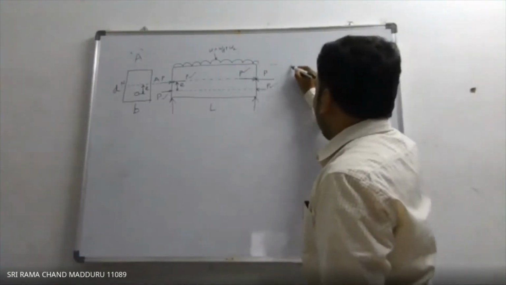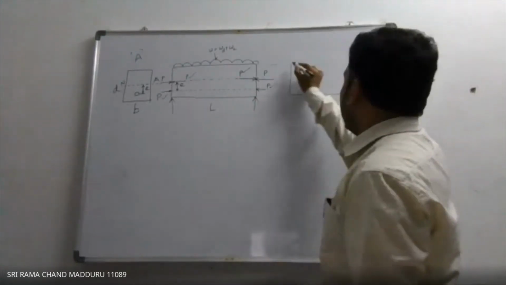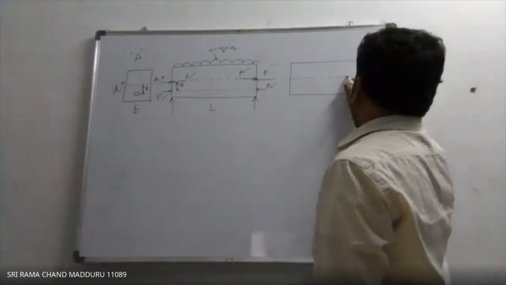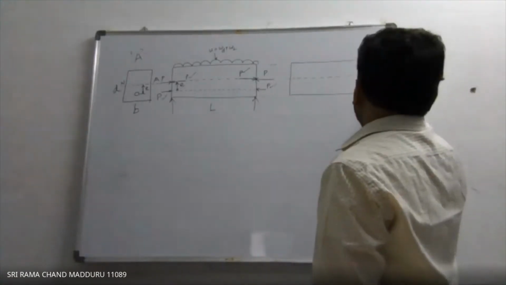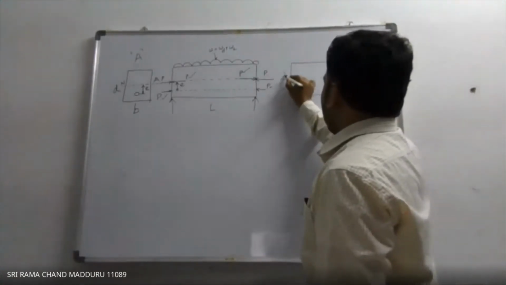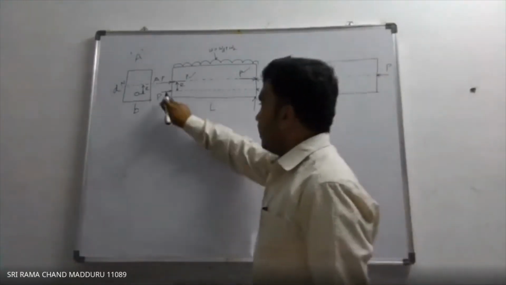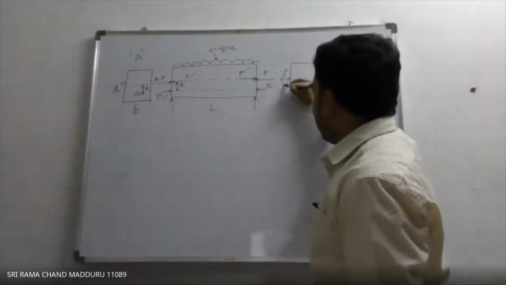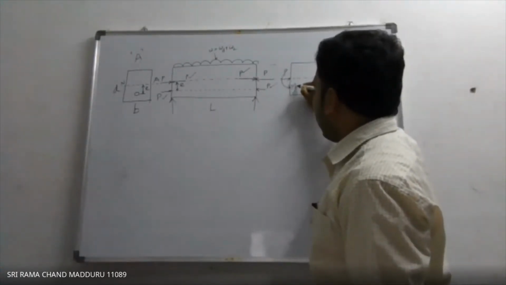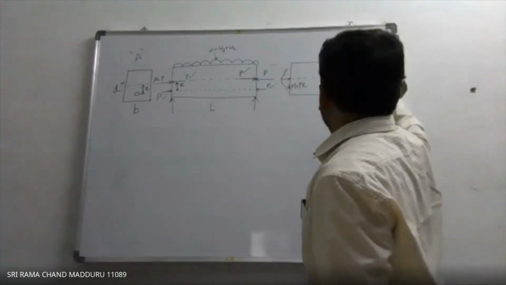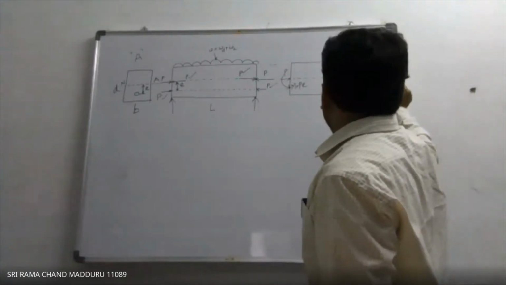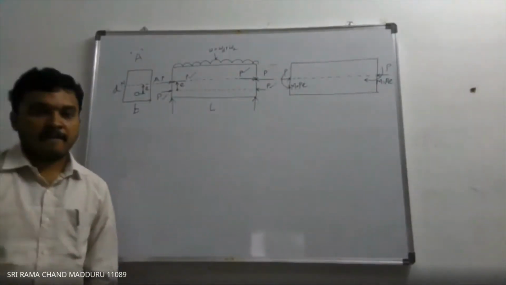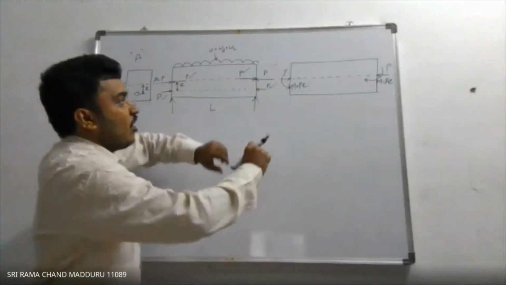That's why we drew the equivalent beam in the previous class. This is P, this is P. Now these two forces form a couple, and the moment M is equal to P into E. How am I drawing the direction?